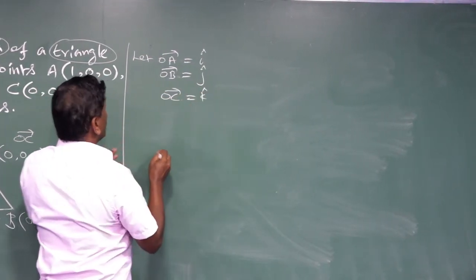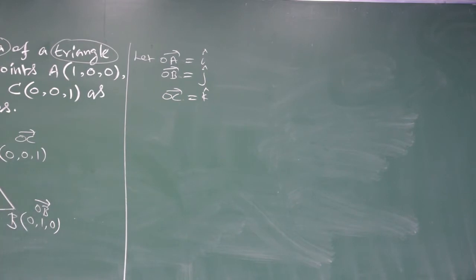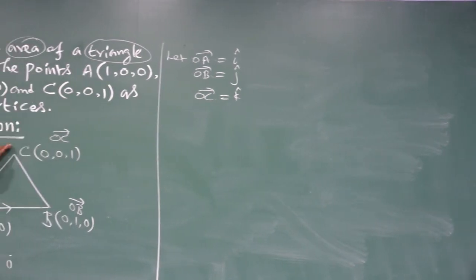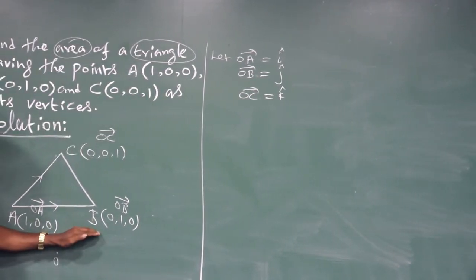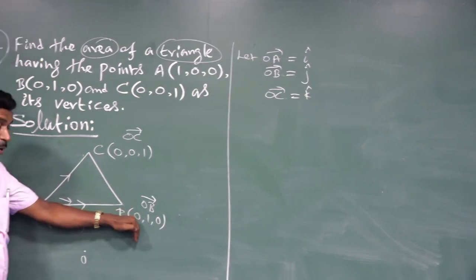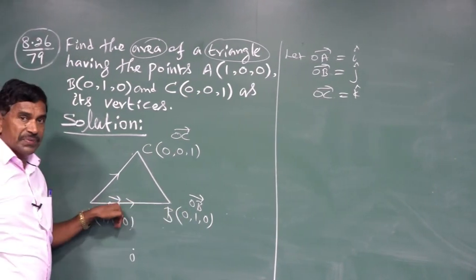That's all. Now, I want to find AB vector and AC vector. Can you tell me what is AB vector? Yes, AB vector equals OB vector minus OA vector, that is second minus first.